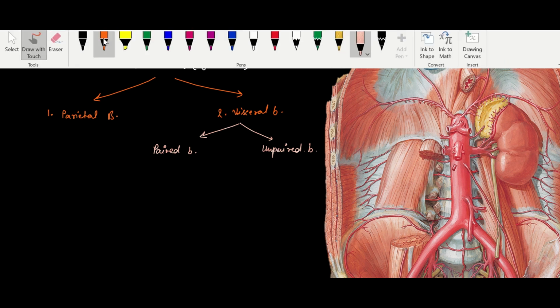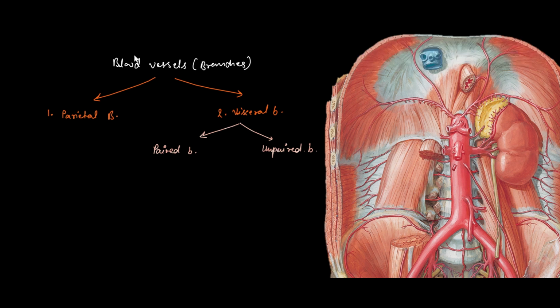As you can clearly see in the picture given here, the parietal branches which are present arising from the abdominal aorta, the first one is the inferior phrenic artery, which are supplying blood to the inferior surface of diaphragm.